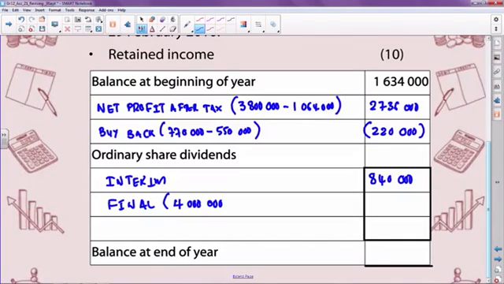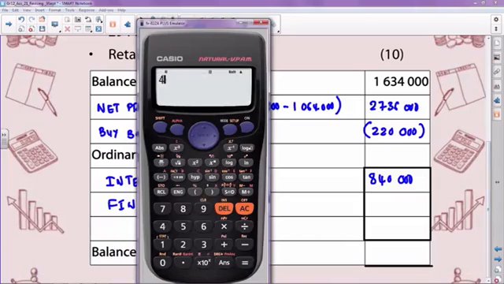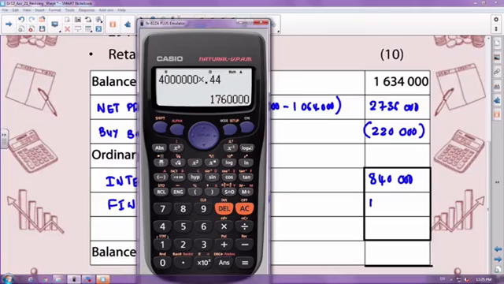We're not taking the buyback because they're telling us that they do qualify for a dividend, times your 0.44, which is 44 cents, right? Let's do that. Immediately we say, take your 4 million shares, multiply that by 44 cents, and that will give you your final dividend of 1,760,000.